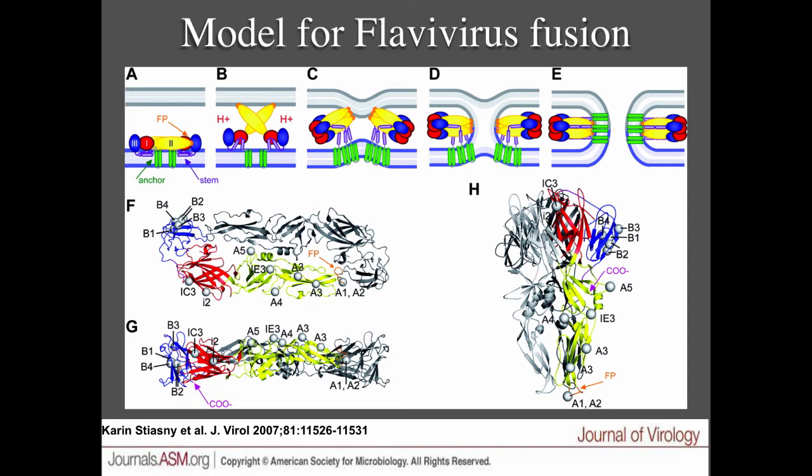The dimers then reorganize to form these trimers, shown here. So these are now trimers, and then eventually you pull the membranes together and form this pore by which the capsid nucleic acid can then enter into the cytoplasm.